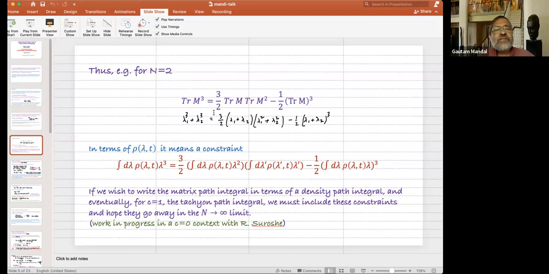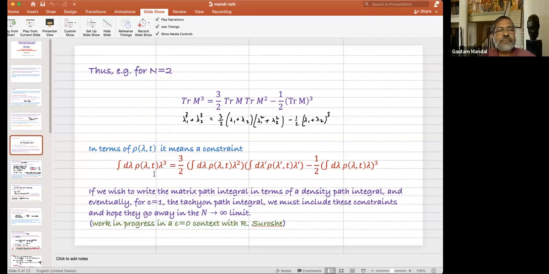How does this particular constraint look in terms of the rho variable? Trace M cubed, which is the sum over cubes of all lambdas, by definition becomes the third moment of rho.